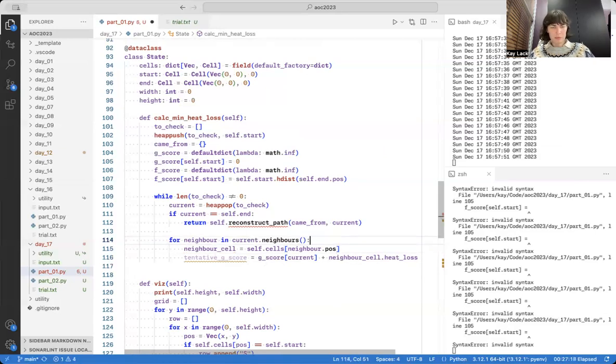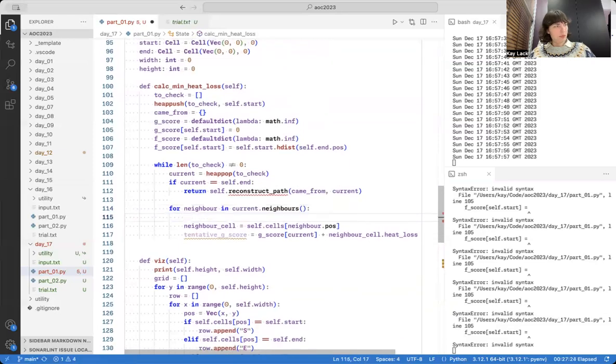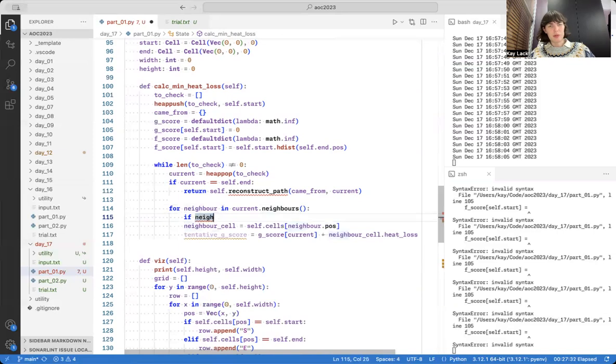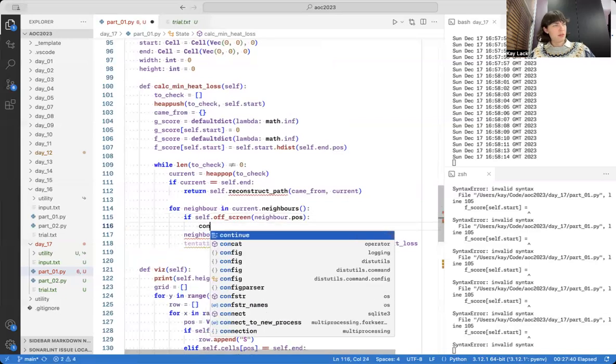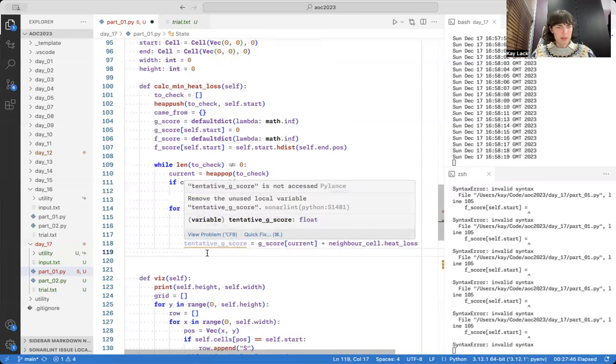Okay, we need to also do this. Get rid of the off-screen ones.